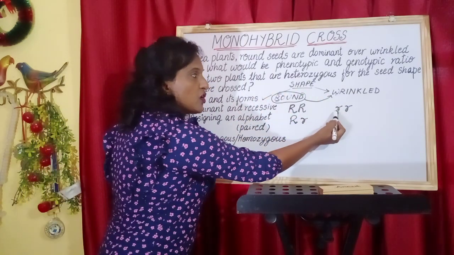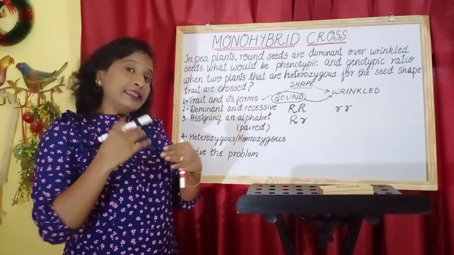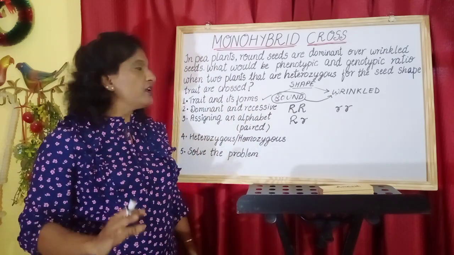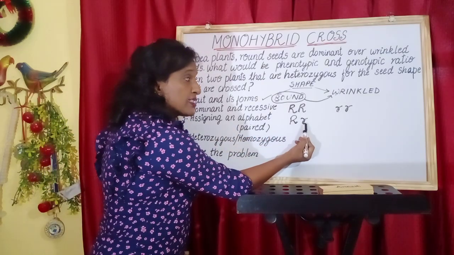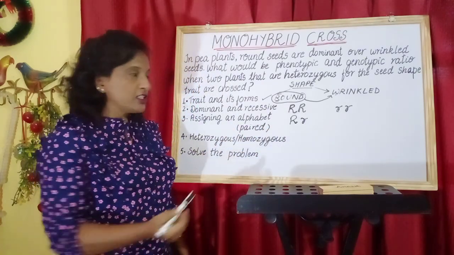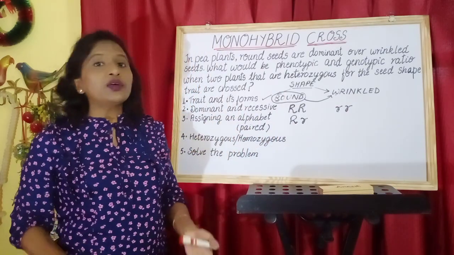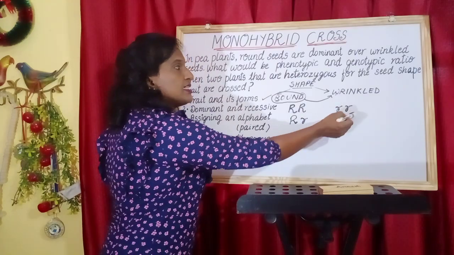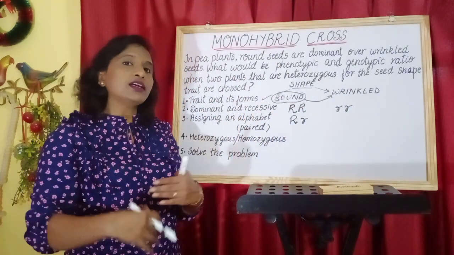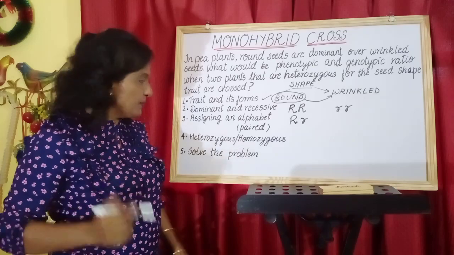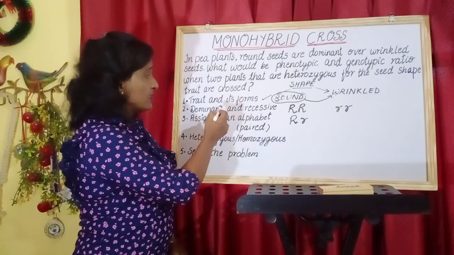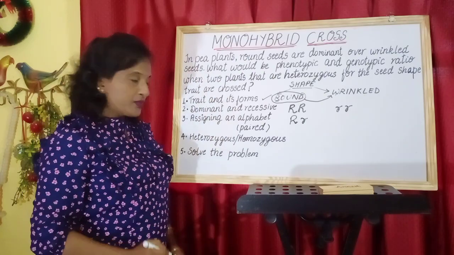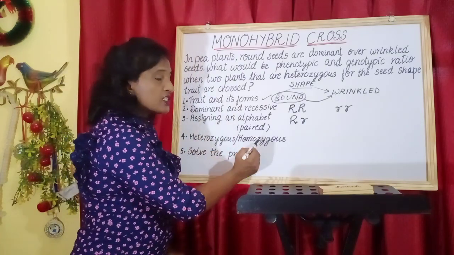Say for example small r, small r is there, so that particular time the recessive characteristic will be seen in an offspring. But if it is present along with the dominant factor or dominant allele, it won't be able to express itself. It gets hidden, right? That's why we call these recessive genes or recessive characteristic. So now we have seen that the alphabets should always be in pair form. Now next is heterozygous or homozygous.